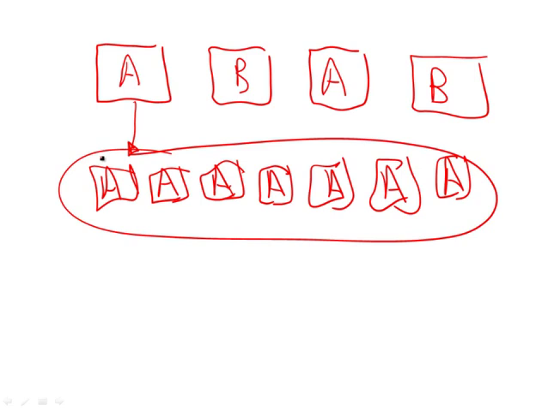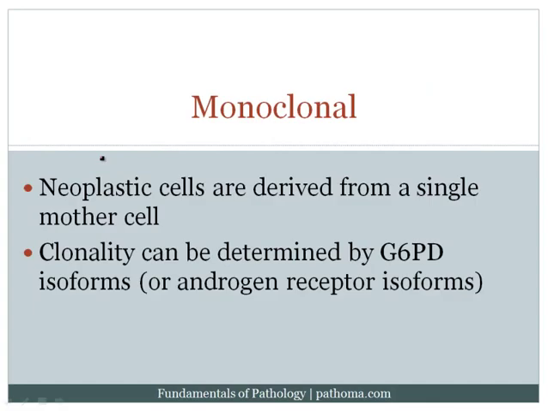Whereas if we saw that the G6PD isoforms were expressed in a roughly 1-to-1 ratio, then we would know that we're dealing with a polyclonal proliferation, which would basically be hyperplasia. So I hope that that's clear, because that's a very high yield concept that shows up on examinations.